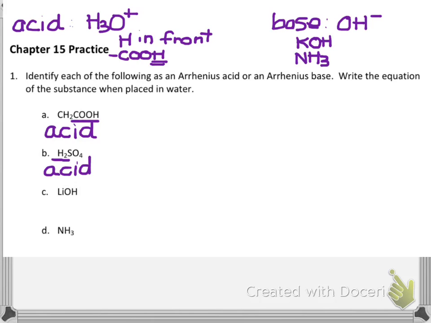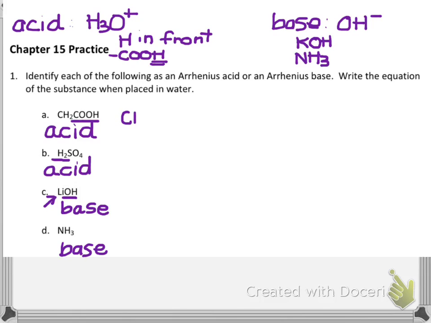Letter C is a metal with a hydroxide. There's my hydroxide. The lithium is my metal, and that's the definition of a base. And then NH3 is ammonia. Ammonia is also a base. So now let's go back and write the reactions of these with water.